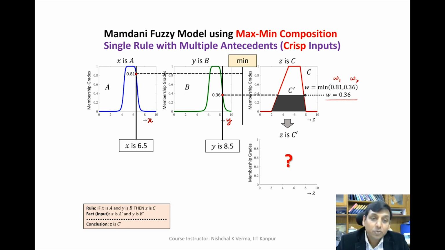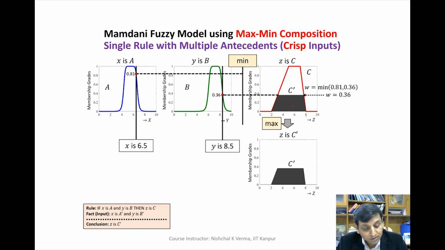Since we have only one rule, the maximum of the max min composition doesn't apply here, and the truncated fuzzy value will become the final output. So this is the final output of the model corresponding to the input x is equal to 6.5, y is equal to 8.5.